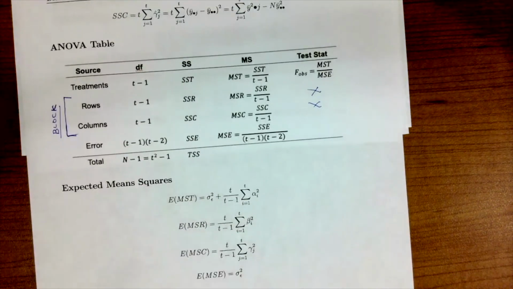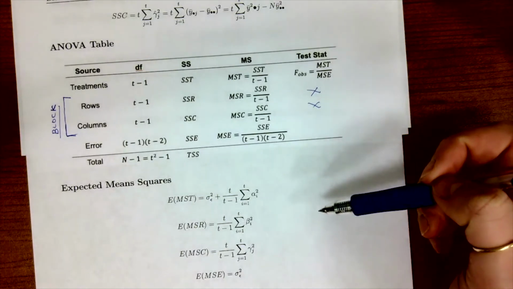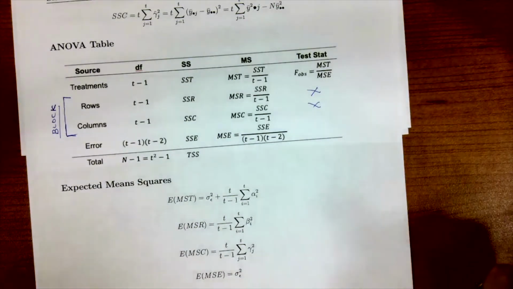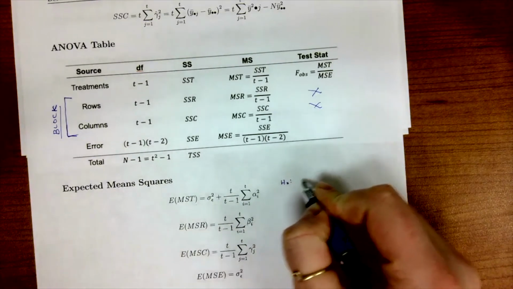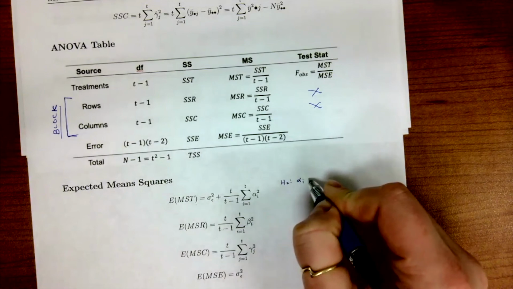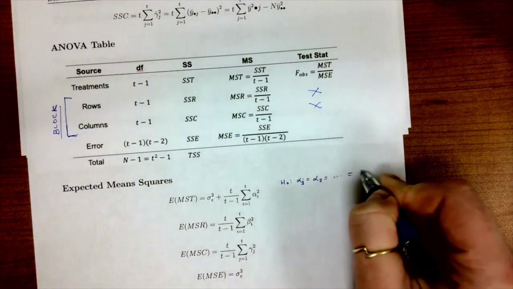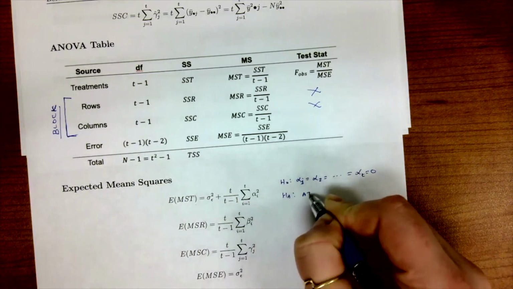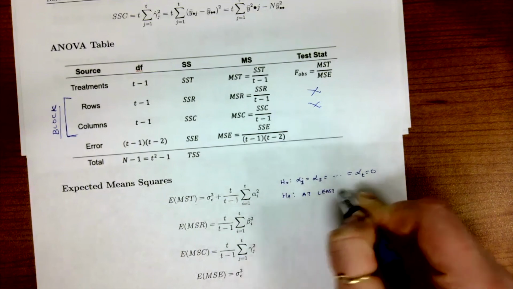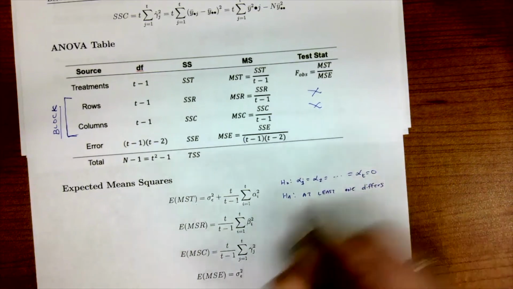This last little part is to help motivate why, again, we don't look at the block F statistic. We've seen this before. So our hypothesis is looking at this. Our alternative says at least one differs.